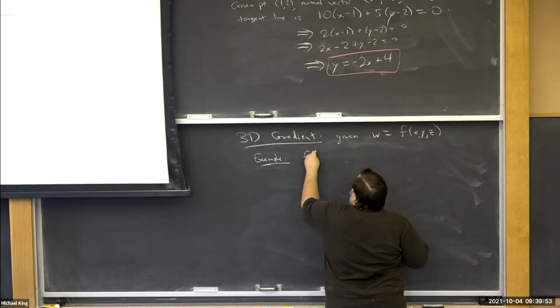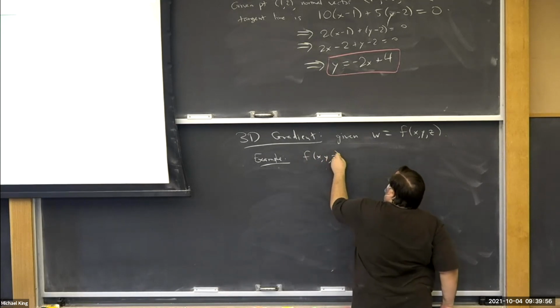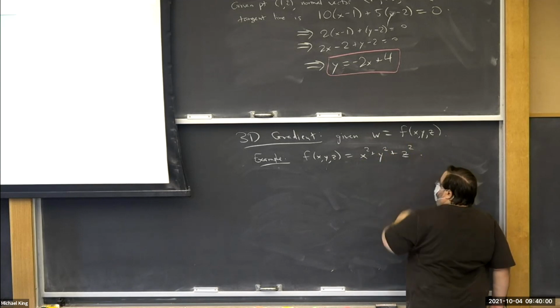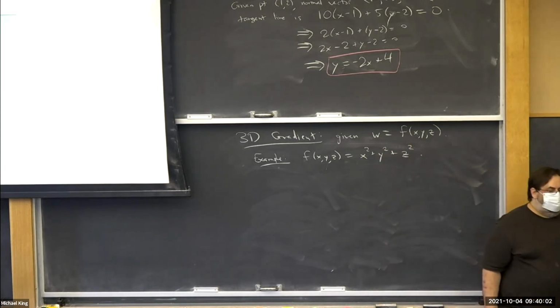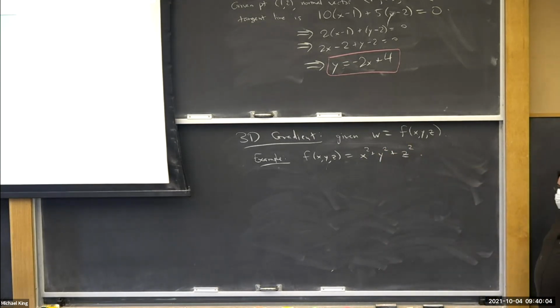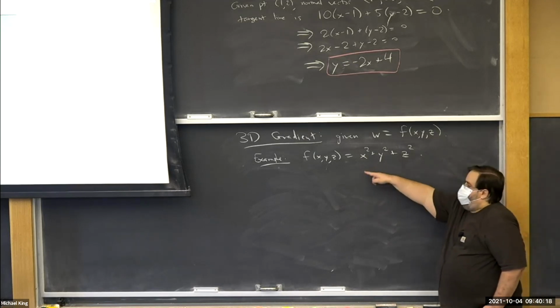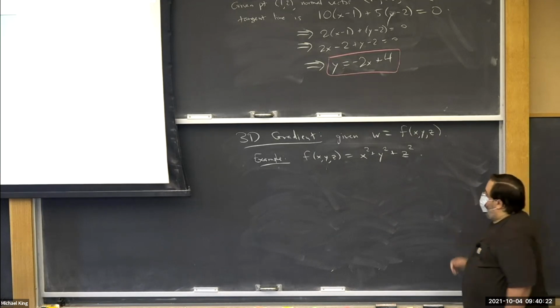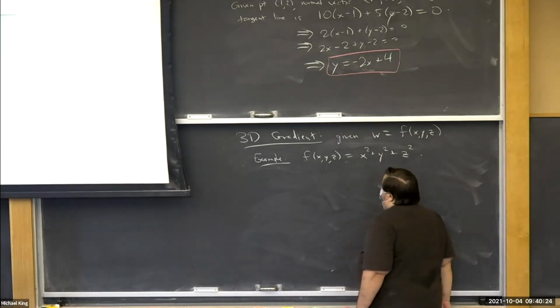Let's do the function x squared plus y squared plus z squared. It's a function of 3 variables. One thing you could say that it measures is the square of the distance from the origin of that point, right? The point (x, y, z), if you plug it in, the distance from the origin is the square root of x squared plus y squared plus z squared. So sometimes it's good to try to think what these functions could be measuring.